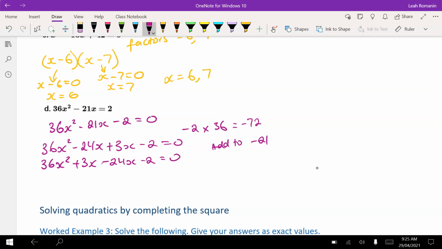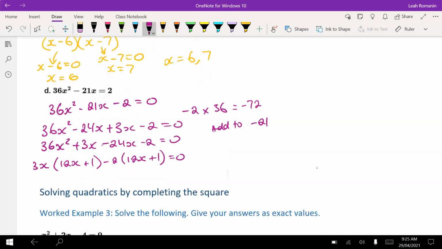So common factor between 36x squared and 3x is 3x. So I'm going to factor out 3x. So that's going to leave me with 12x plus 1. And then my common factor between 24x and 2, I'm going to take out negative 2. And I'm going to be left with 12x plus 1.